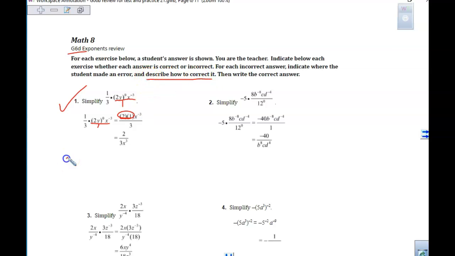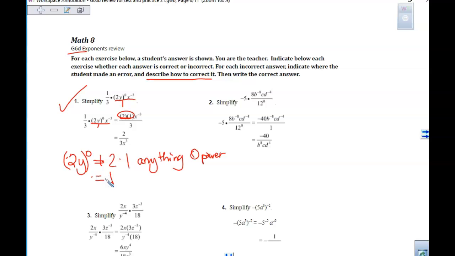Describe how to correct it. Okay, so 2y to the 0 power, put that in a parenthesis, does not equal 2 times 1. Anything to the 0 power, we said equals what? Equals 1.